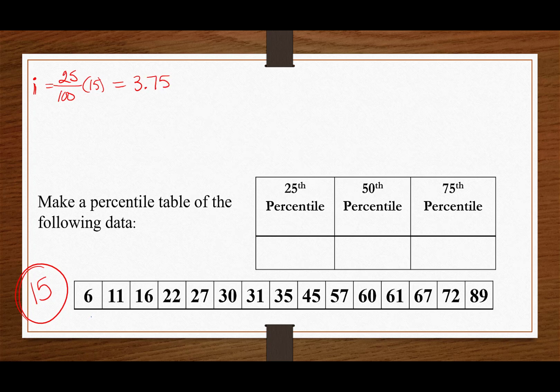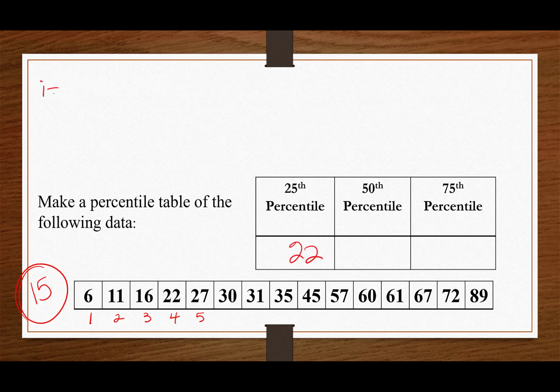Well, if you look at our data, we have position 1, position 2, position 3, position 4, position 5, and so on. There is not a position 3.75. We're not going to decrease the position back to 3 because it's greater than the third position. It's greater than 16. So we're going to go ahead and round it to the next number on our list. And so the 25th percentile is 22.